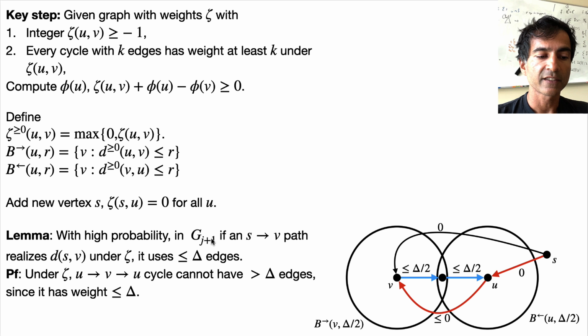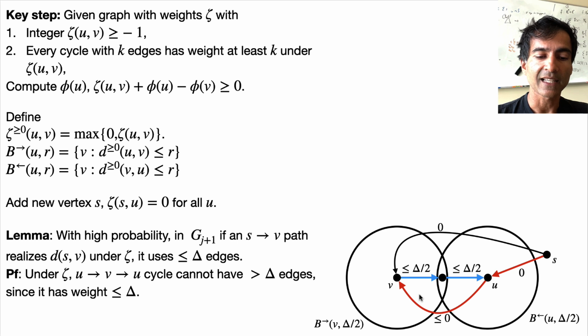If you're considering the graph G_{j+1}, now inside G_{j+1}, all of the balls around vertices are large within the graph G. Okay, and that means if you have an S-V path in G_{j+1}, that's the shortest path, that might look like this red path here, then there's a blue path possibly going in G. Right? This blue path might be a path in G and not in G_{j+1}. But that's not a problem.